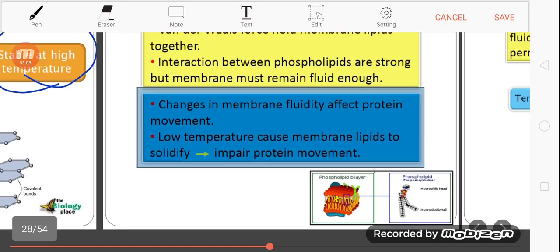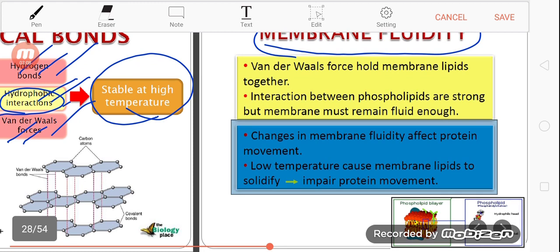Any changes in the phospholipid structure or membrane fluidity can affect protein movement.